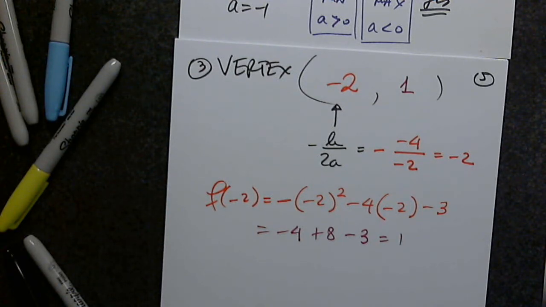Any questions so far? Please. I know you already said it, but I want to say it again. The -b over 2a comes from what? Remember? Perfect. So we have to remember the quadratic formula no matter what. I'm trying to connect the quadratic formula to the x-coordinate of the vertex so you remember it in the long run.